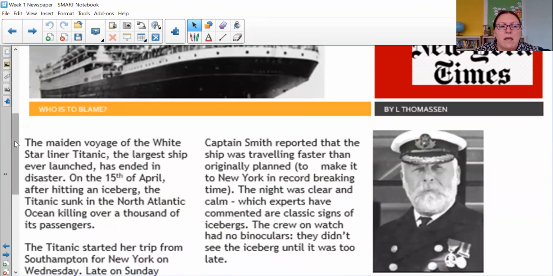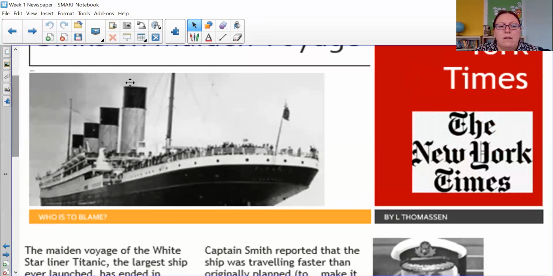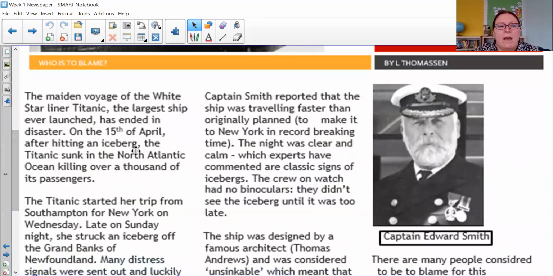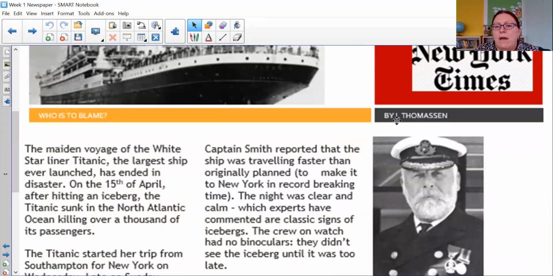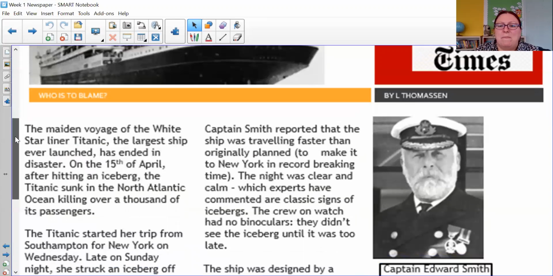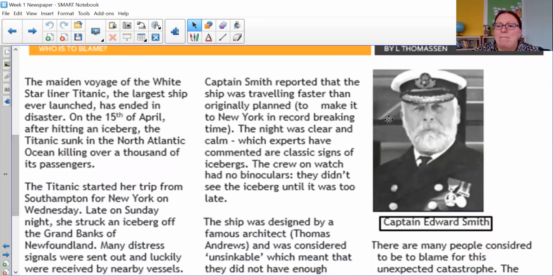And we've got a picture here of the ship. And then we have here the byline by L. Thomason. I wonder who wrote this. And then we have a picture here of the captain, Edward Smith. And this is called a caption. It tells us what the picture is of.